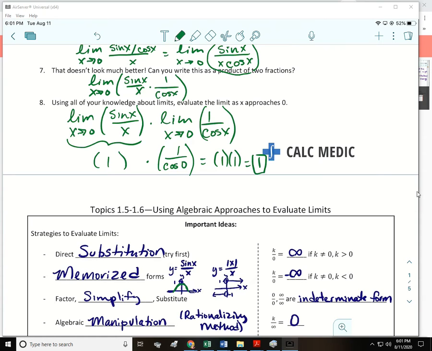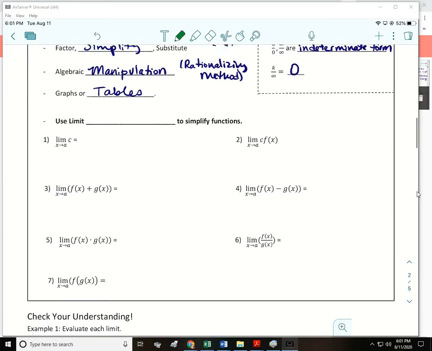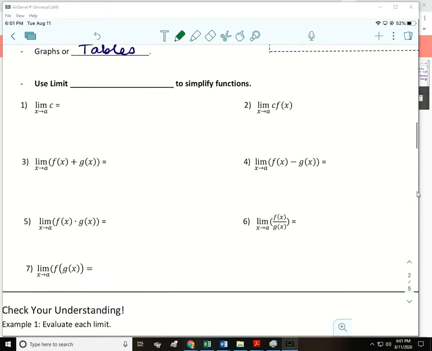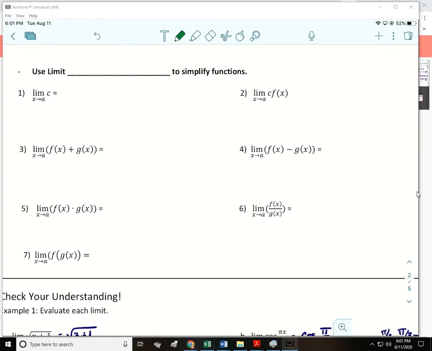All right, so let's look at the other page. And we're going to finish in this important ideas box. So another thing you can do to evaluate limits is to use the limit properties to simplify.